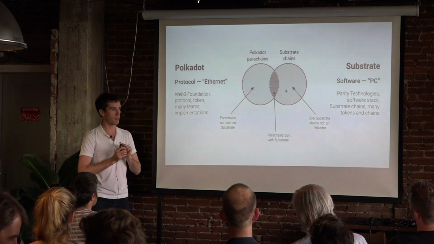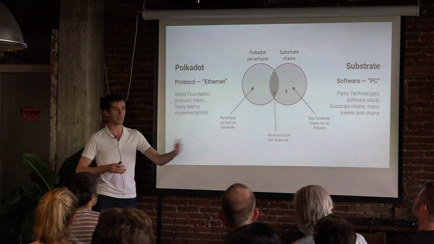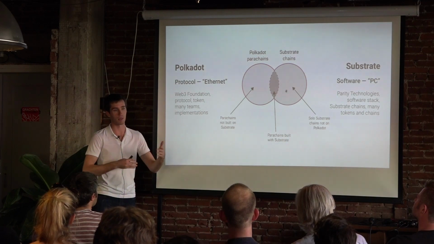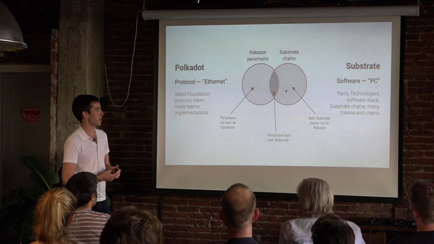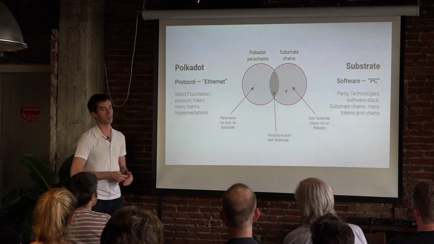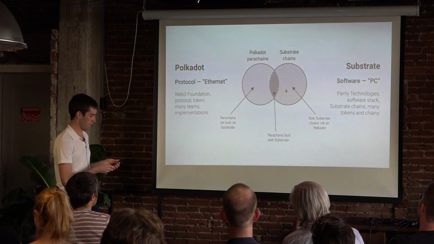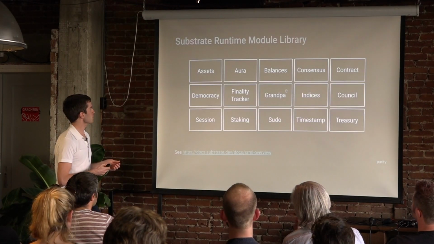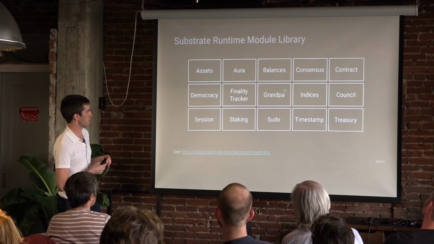It says that if you want to be a parachain, you need to submit this type of information to the validators, and you need to provide this interface. Substrate would be more like React as a framework, so it's all the tools to build a blockchain, but it's not a protocol.